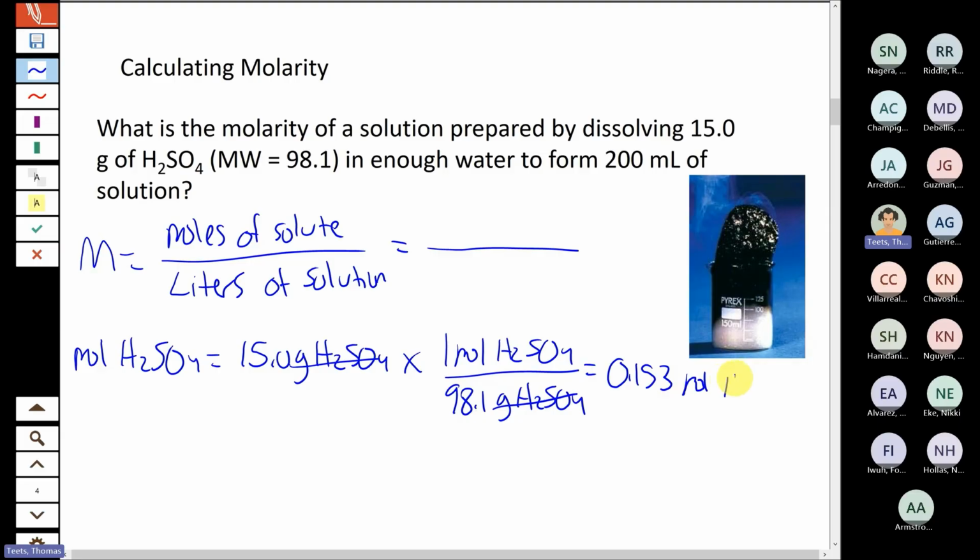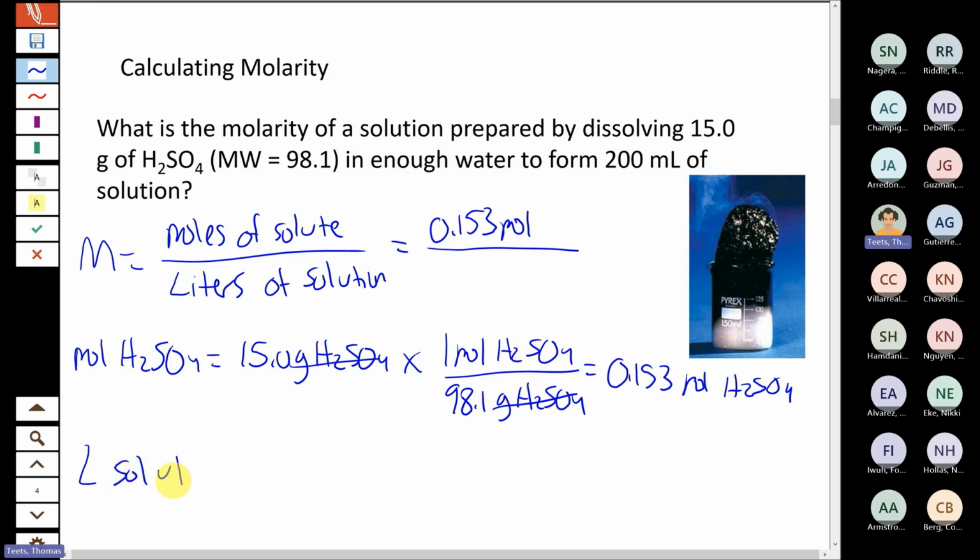So that's how many moles of solute you have, but that's just the numerator when we're calculating the molarity. So we have that on top. And then what we need to also get is liters of solution, which is kind of given to you, but it's given to you in the wrong unit here. So we have to do a quick conversion.